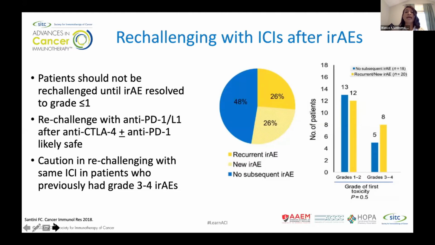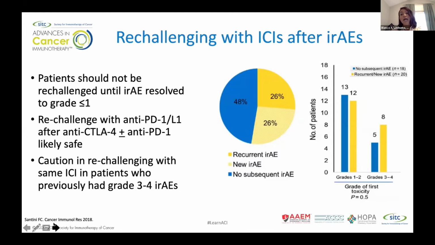We see that 48% of these patients who were retreated had no subsequent IRAEs. 26 had a recurrent IRAE, and 26 had a new IRAE. When we look based on the grade, for those who had grade 1 or 2 and were rechallenged, 13 had no subsequent IRAEs, and 12 had new or recurrent IRAEs.